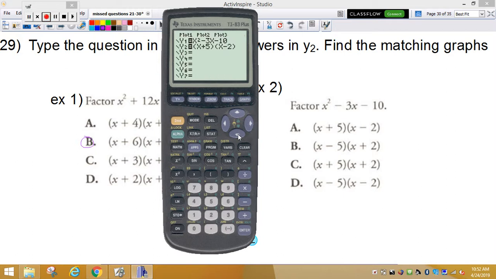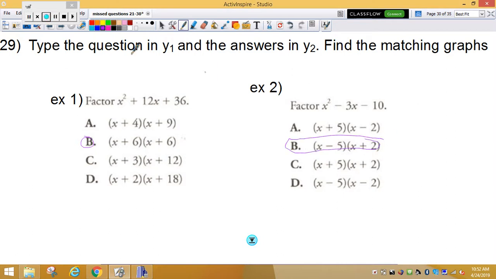B. That's what I want my answer to look like. Yep, that's it. It graphed it right on top of it. So B is my answer here.